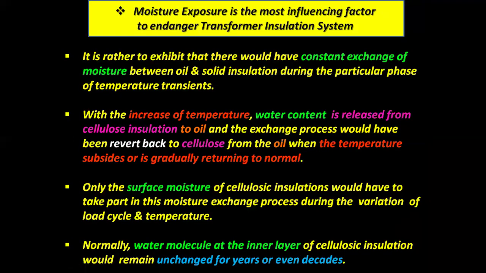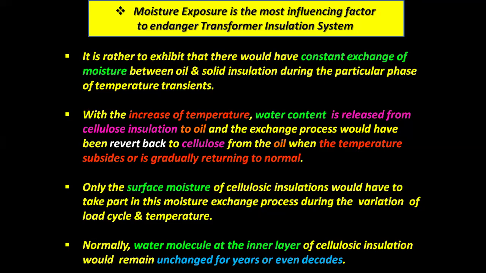Now, moisture exposure is the most influential factor to endanger the transformer insulation system. It is rather evident that there is a constant exchange of moisture between oil and solid insulation during phases of temperature transients.